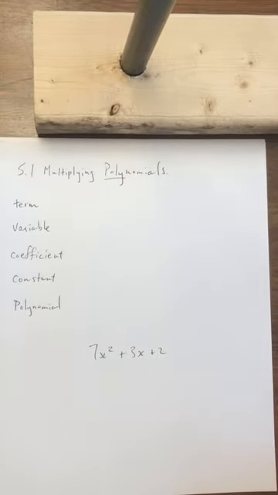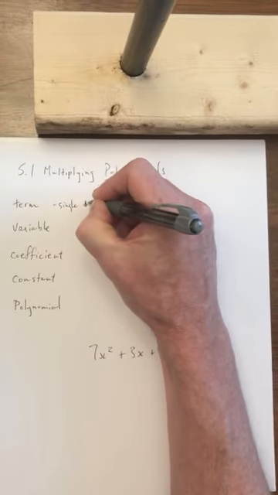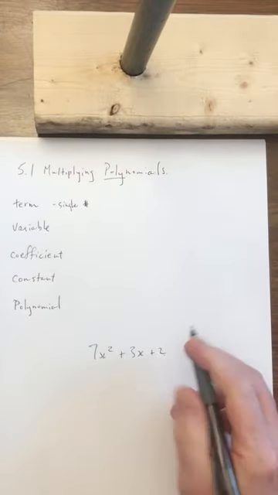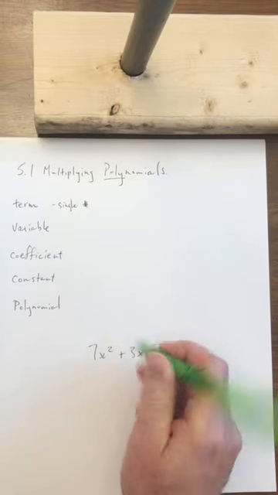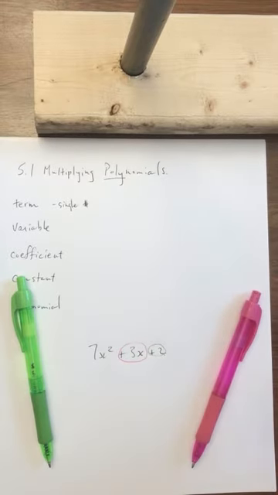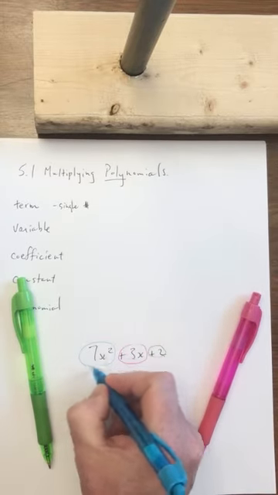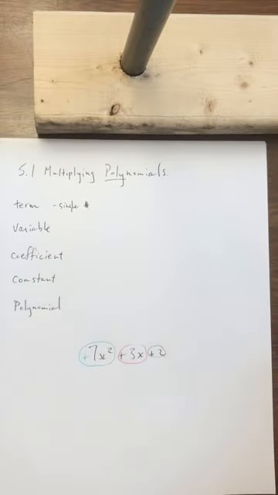A term is either a single number. So this is a term right here. In this case, we actually have 3 terms. And remember, the sign out front goes with the term. So this is a 3-termed polynomial.